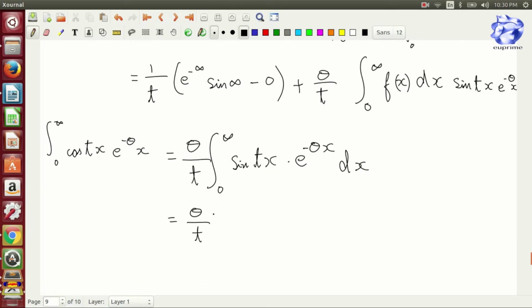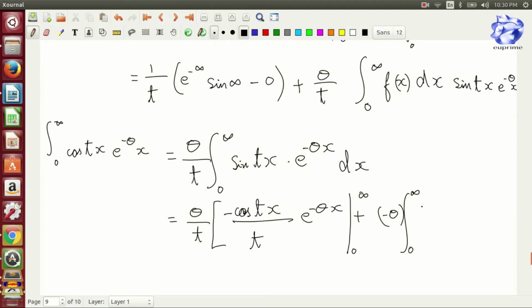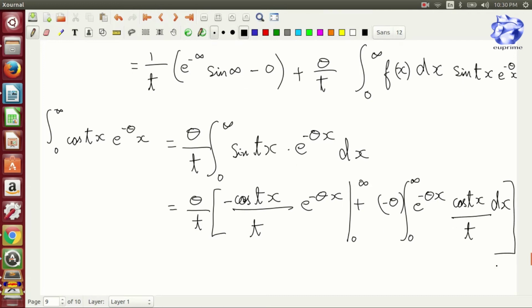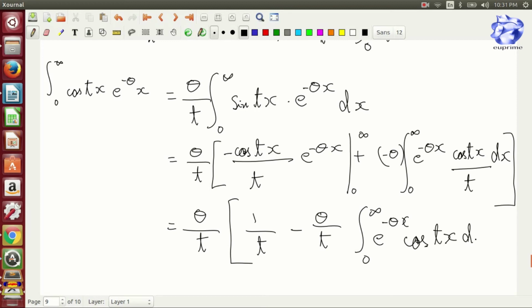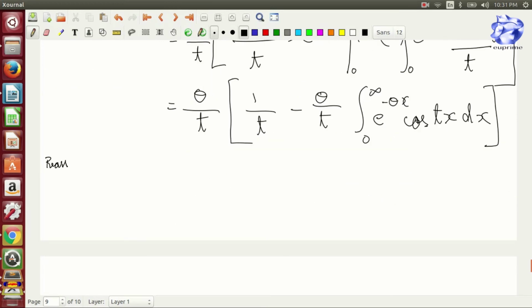So the integration of cos tx e to the power minus theta x dx, where the limits are 0 to infinity, we get the term as theta by t square minus theta square by t square into the integration of e to the power minus theta x cos tx dx, and limits are from 0 to infinity.